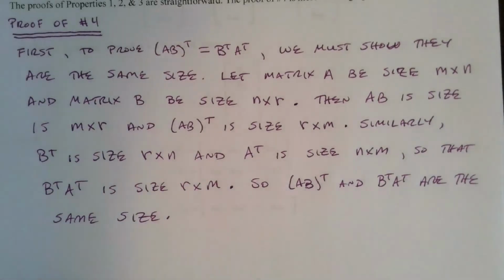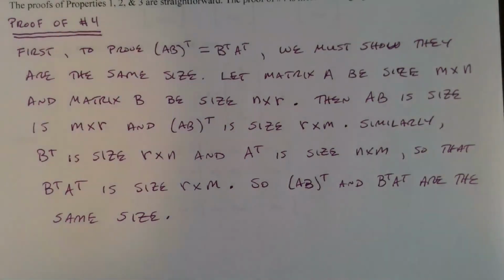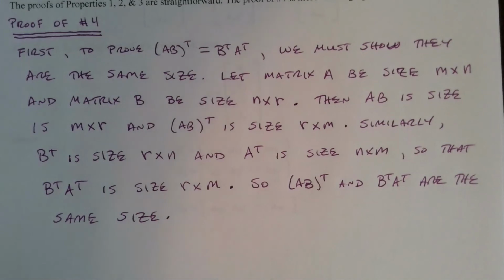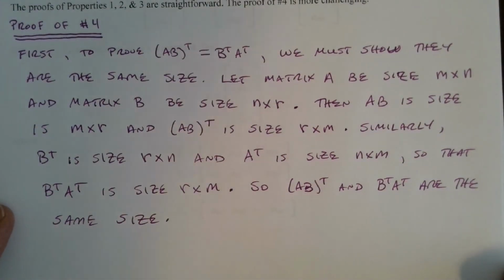Now we do abbreviate some, and we have letters for the sizes of the matrices and such. But that's what you're going to do. If you are uncomfortable with that, you shouldn't be. You are at the stage now where you should be comfortable writing things out, explaining essentially.